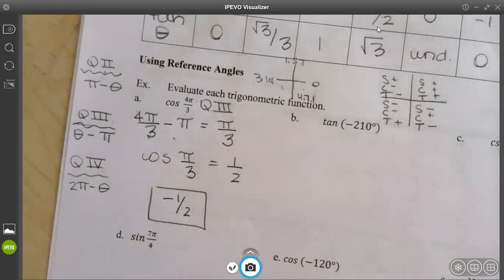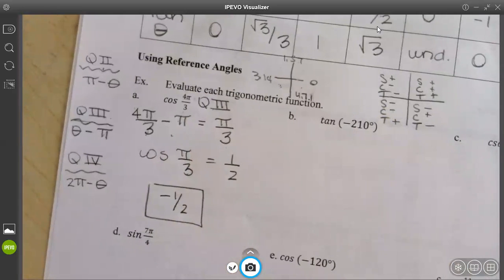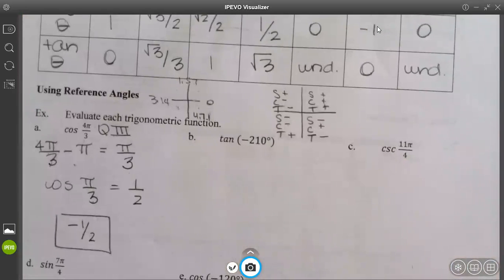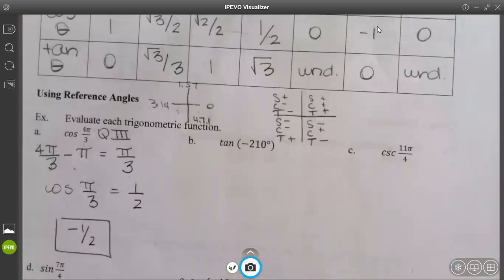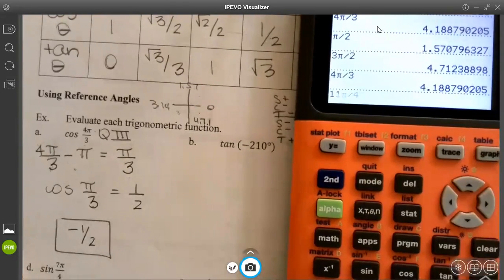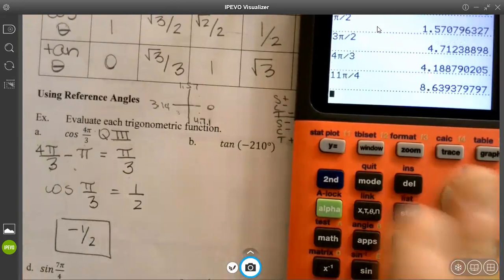All right. Let's do another one. Let's do C. Cosecant 11 pi over 4. What do we need to do first? Okay. So we're gonna do 11 pi over 4. Why is this one weird?